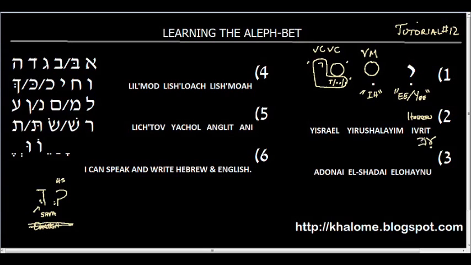You'll have a vet, a silent shva, a resh with the hidik beneath it. Then you're going to see the yud, and then the tav. See how the hidik and the yud act in conjunction to create that I vocalization or vowel in this word.